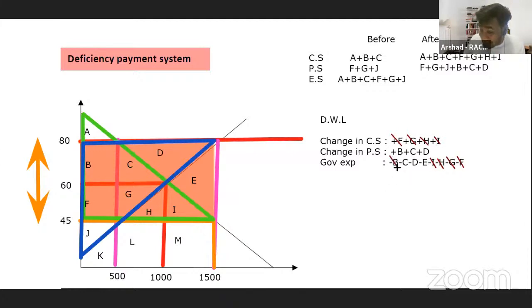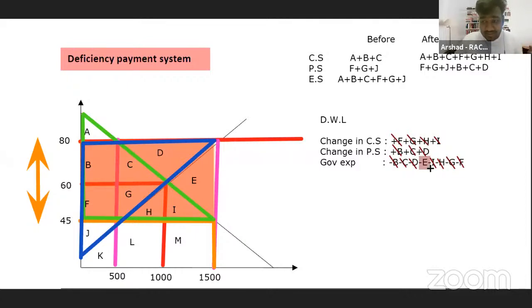Government is spending B. Producer is getting that B. Not lost. Government spending C. Producer gets the C. Government spends the D. Producer gets the D. But this E, government is spending. He is spending, but is anyone getting it? No. No one's getting that. That is simply lost.